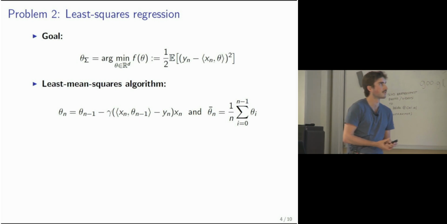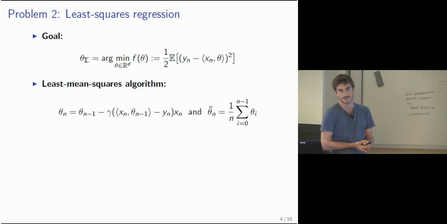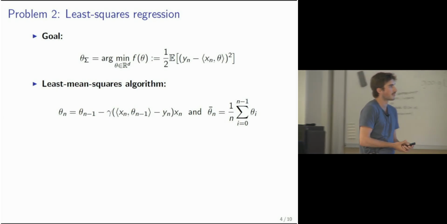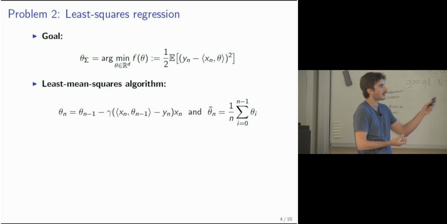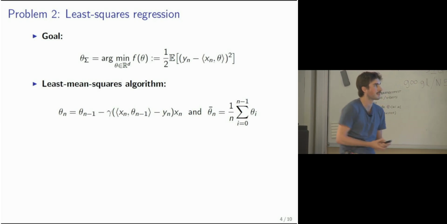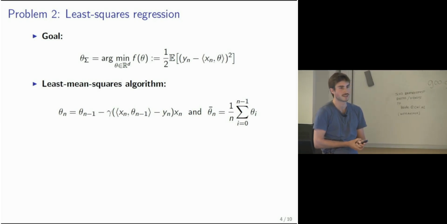To do so, we can apply stochastic gradient descent, which is the least mean square algorithm, with a constant step size. As output, we consider the average of the previous iterates. It's really like gradient descent, but instead of the true gradient, it uses an estimate of the gradient.